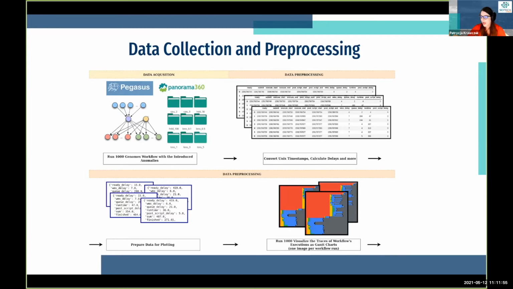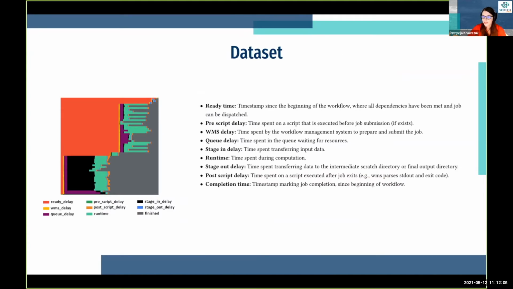And we developed a methodology that takes this raw data and visualizes it as Gantt charts. Here is an example of a Gantt chart that has these 9 different stages that characterize the execution of the workflow.